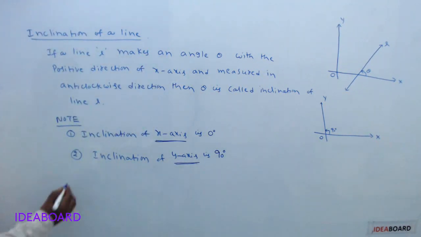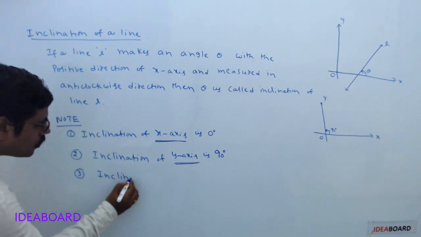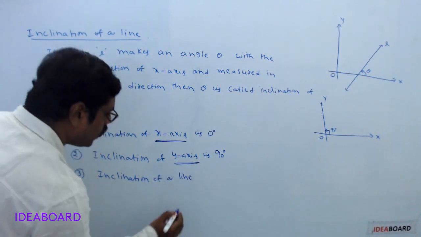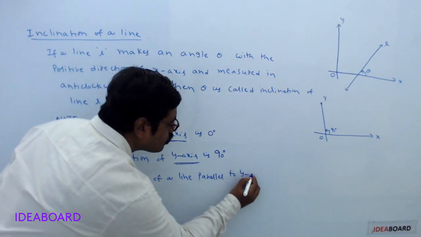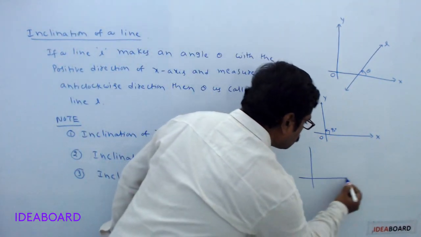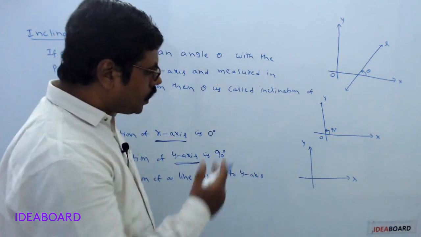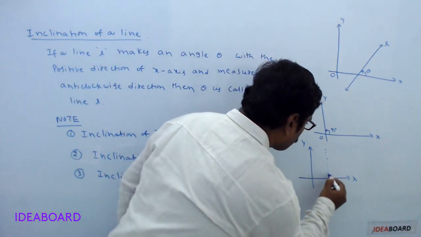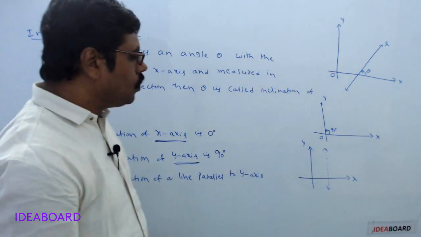Then come to the next point. Inclination of a line parallel to y-axis. Now draw the coordinate axis once again. X-axis. This is a y-axis. Now draw a line parallel to y-axis. Now this is the line parallel to y-axis.